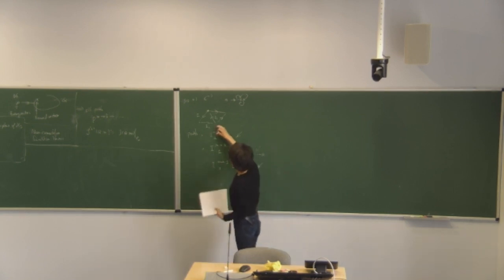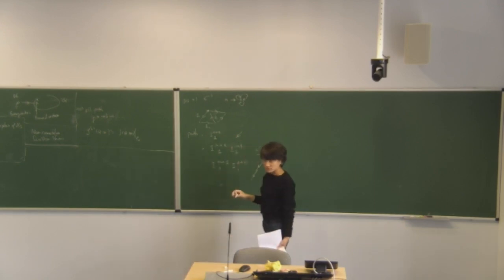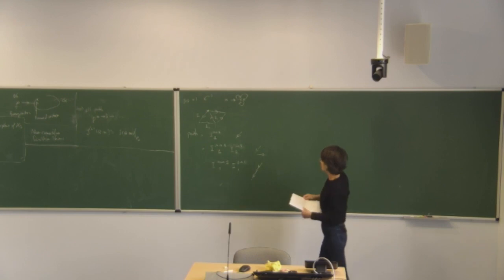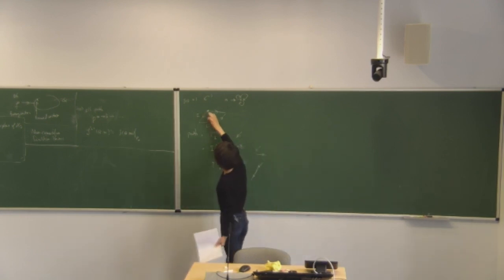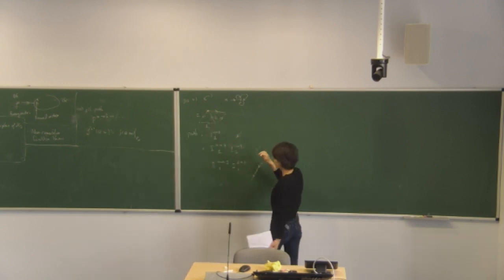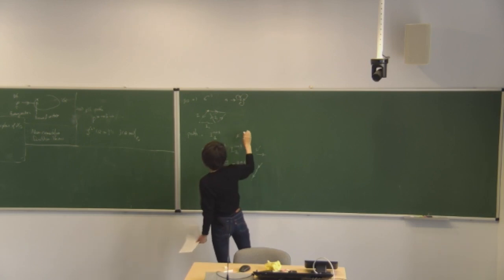Now the claim is that the paths up to equivalence in this case will correspond to the plane partitions. If I start from the origin and don't go anywhere, that corresponds to the trivial path.